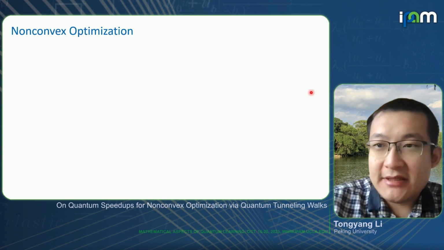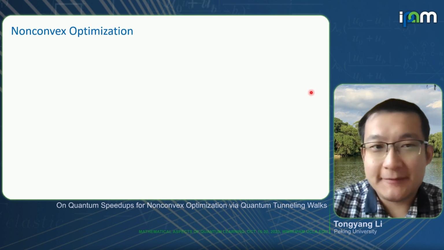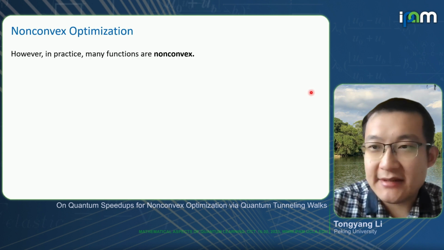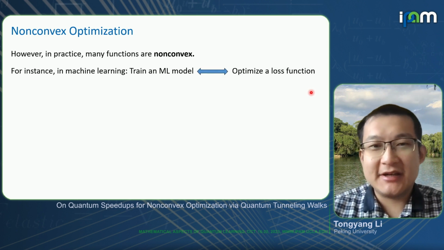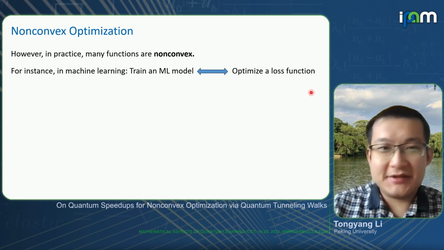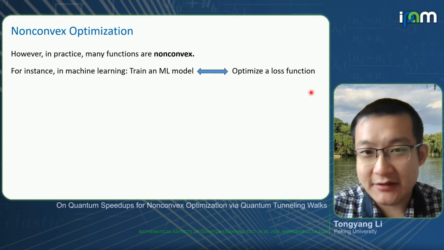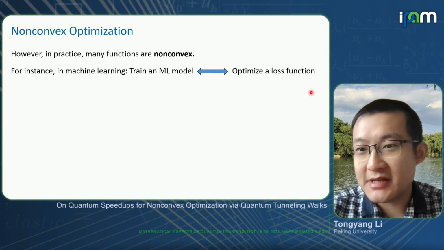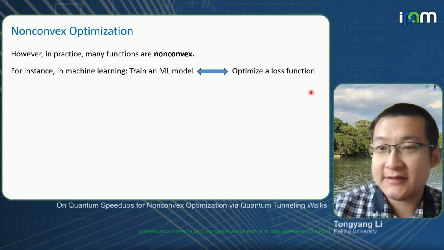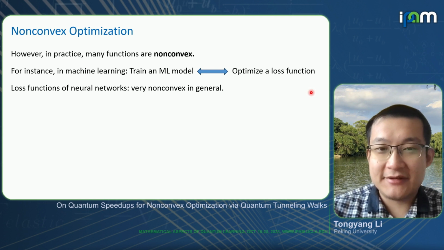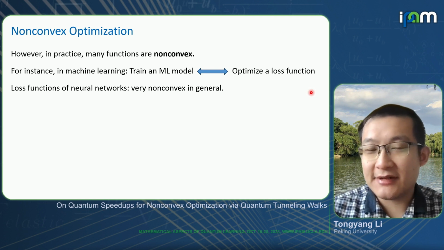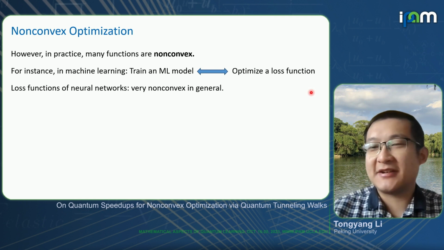The main topic today is non-convex optimization, the case where the corresponding function is non-convex. Why are we interested in non-convex optimization? In computer science, training a machine learning model is equivalent to optimizing a certain loss function. Especially in training neural networks, the corresponding loss function is very non-convex in general.